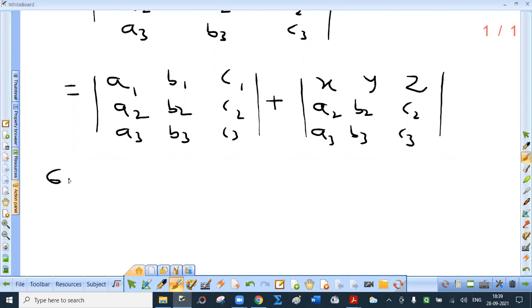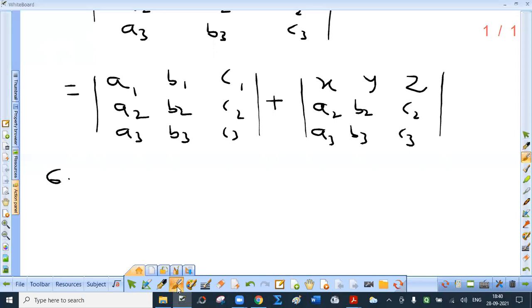In the beginning only I have told you that whatever is true for row transformation is true for column transformation also. Change is transformation.